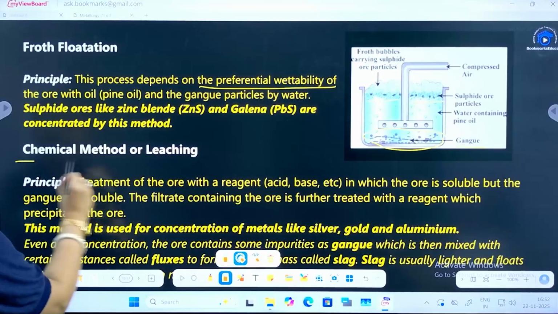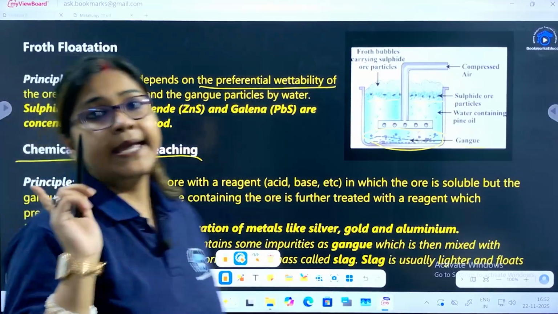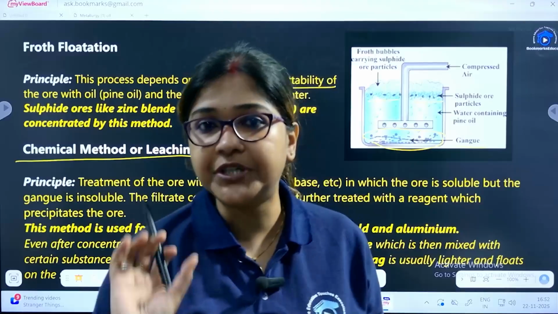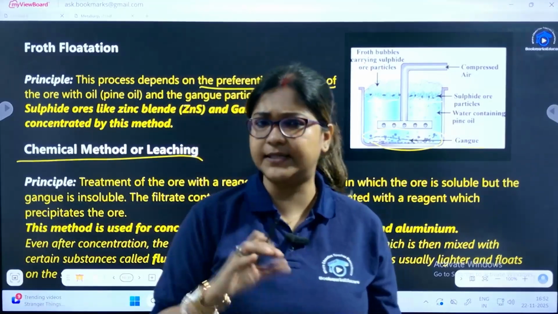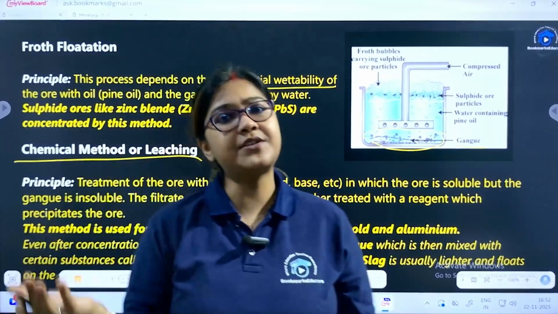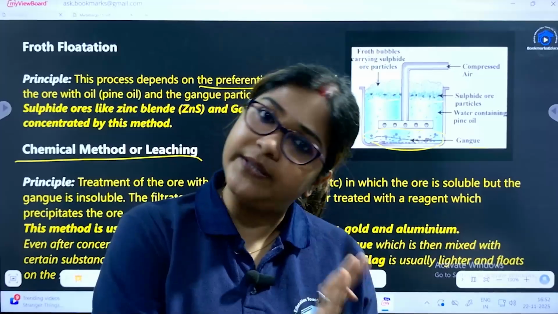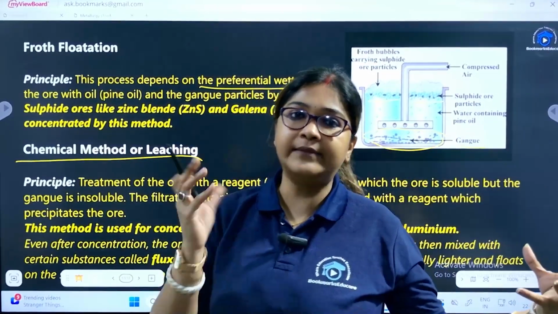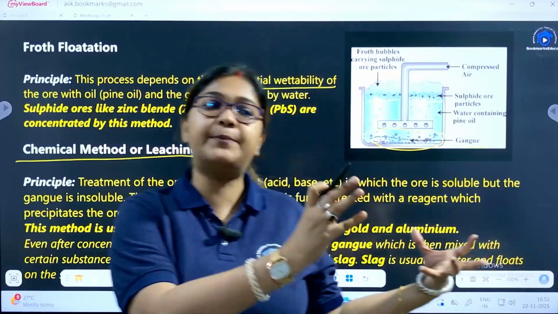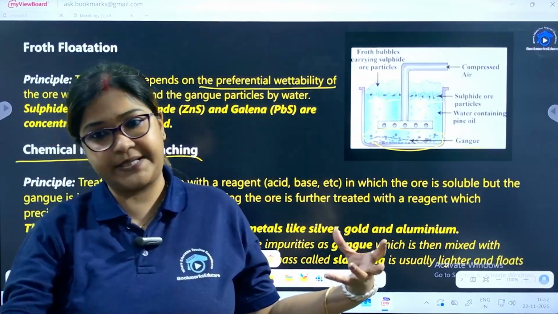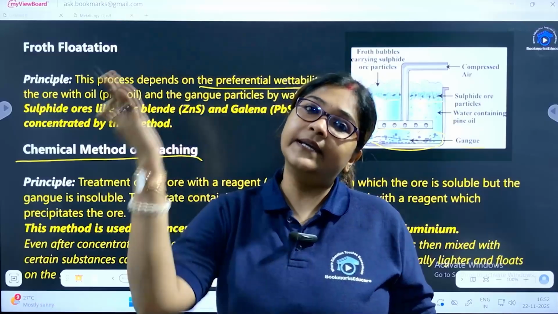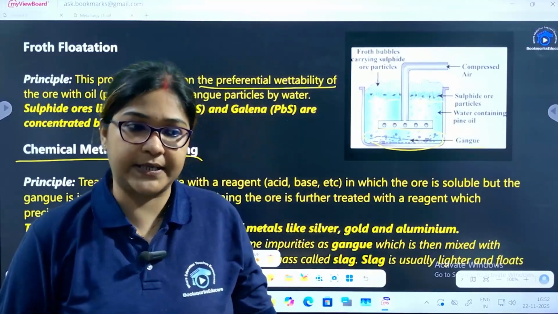Next is the chemical method or leaching. In the chemical method or leaching, what happens? You take an additional chemical reagent, say an acid or a base. Now that reagent will react with the ore particle and solubilize the ore, and the impurities or the gangue particles will be left as precipitate, right? So this is how you can separate the gangue particles from the ore particles.